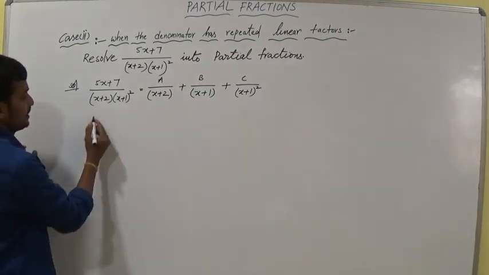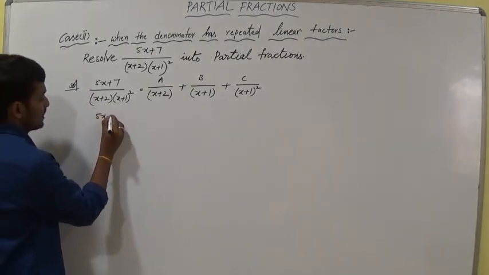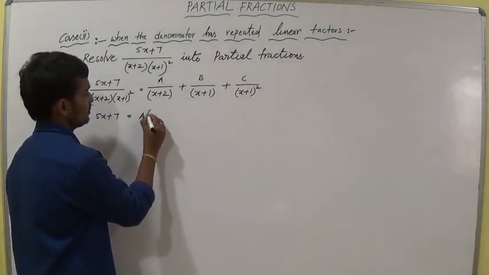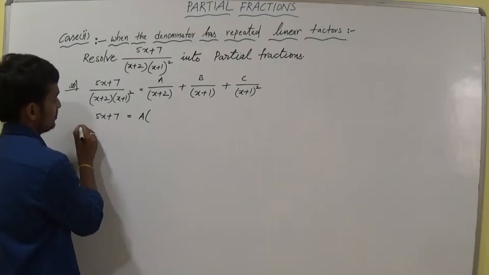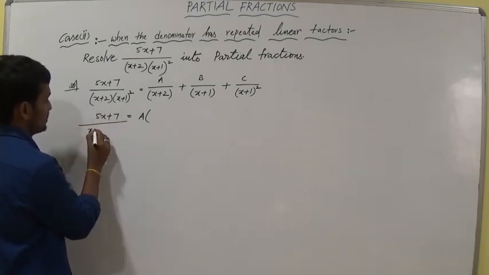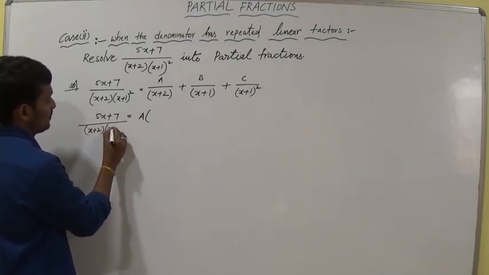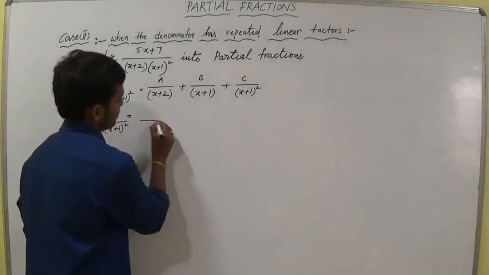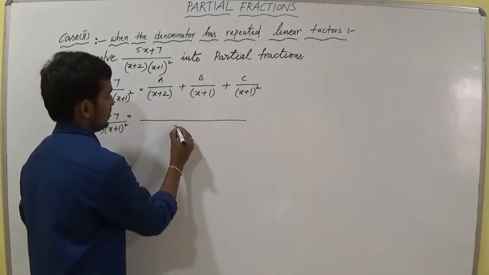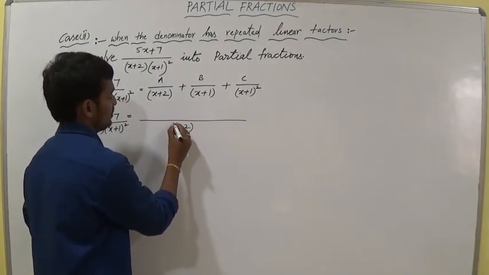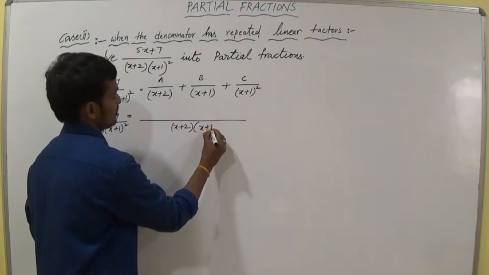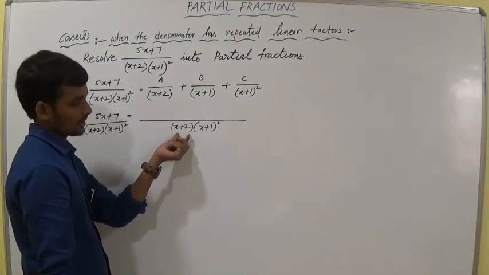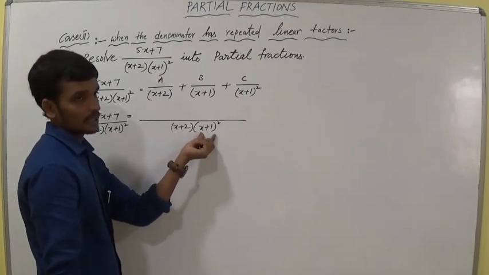That means I am writing like this: 5x plus 7 is equal to a into, so some of the students will not understand, I am writing the complete sense. First LCM. LCM is x plus 2 into x plus 1 whole square. x plus 2 and x plus 2 are cancelled. What is here? x plus 1 whole square.